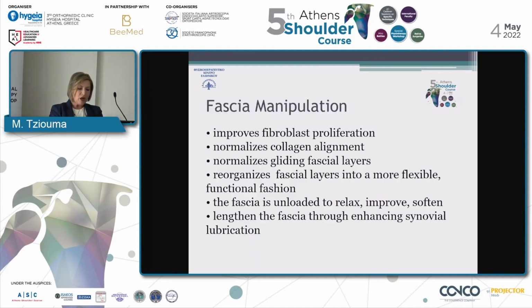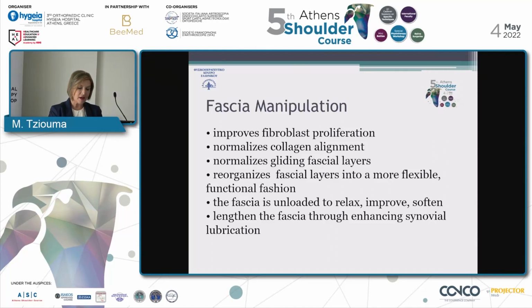About fascia manipulation. Fascia manipulation helps to improve fibroblast proliferation, normal collagen alignments, and normal gliding of fascia layers. The fascia is allowed to relax, improve, soften, and lengthen through enhanced synovial lubrication.